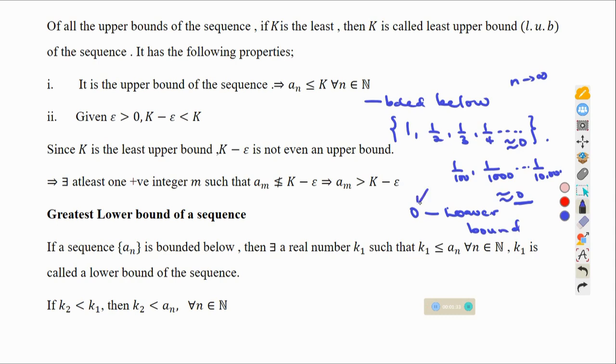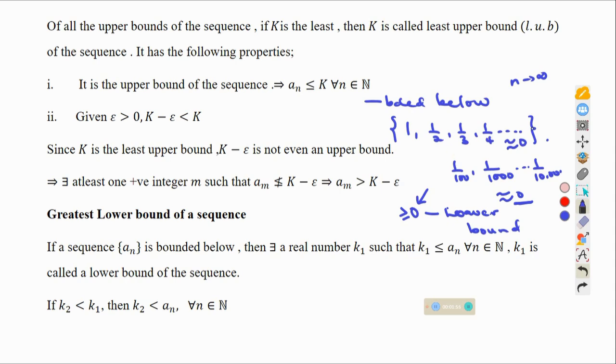because 0 will be the smallest number for which all these other terms will be greater or equal to 0. Any term that you consider, 1 out of 1 million, will be greater or equal to 0.